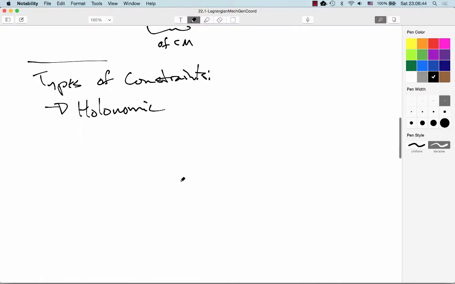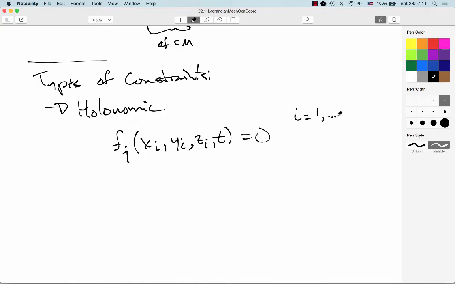A holonomic constraint can be written in the form of saying that the jth function, you can write it as some function of the coordinates x, y, z, i, and possibly the time. And we can set it equal to 0. And we're letting i run from 1 to the number of particles and j run from 1 to the number of constraints.